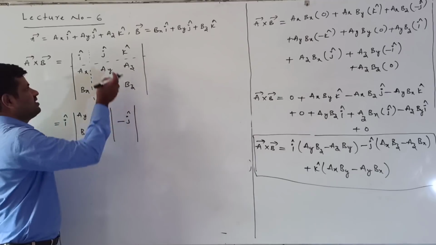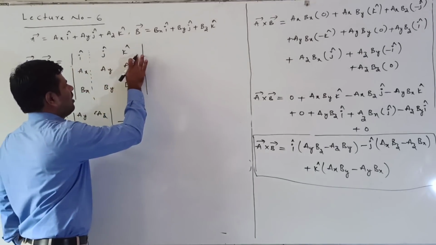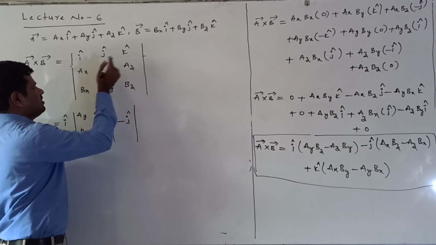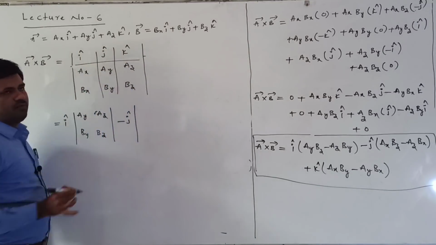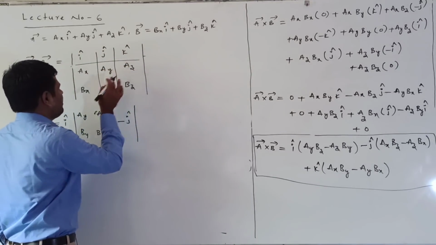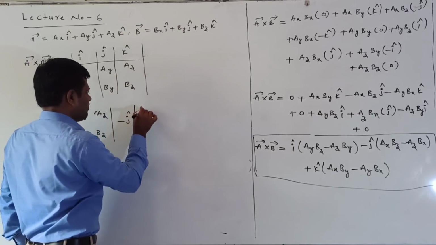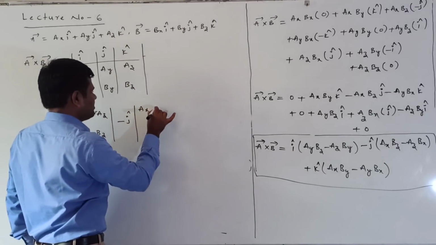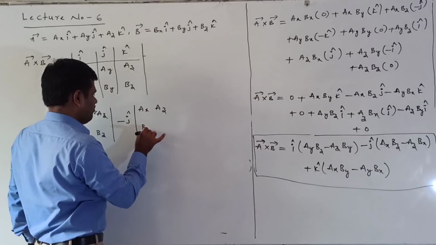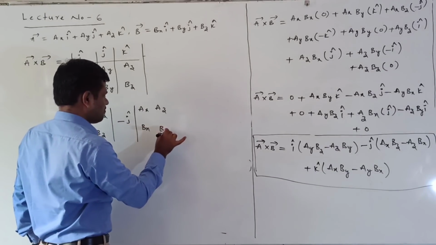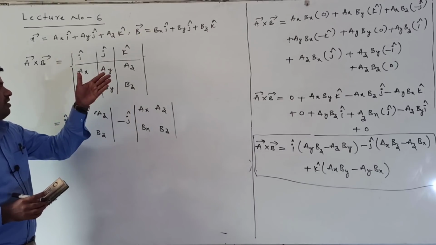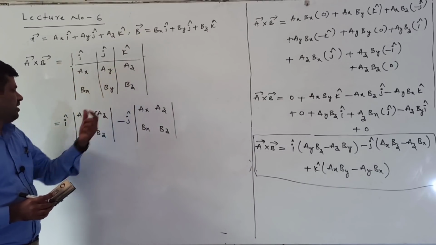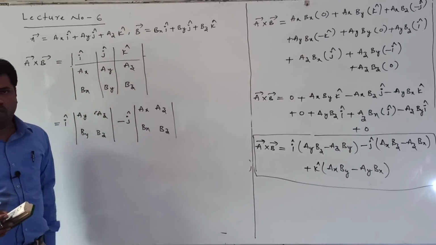Now when writing j cap, leave its row and column, and write the remaining: Ax, Az, Bx, Bz. Clearly understand. For i cap, leave the row and column and write down Ay, Az, By, Bz.